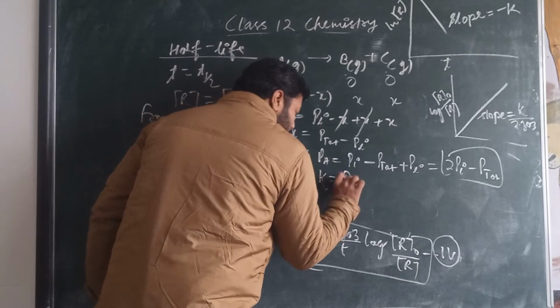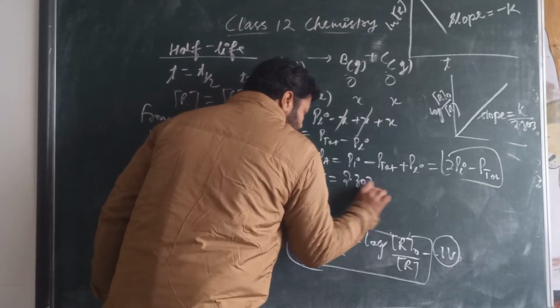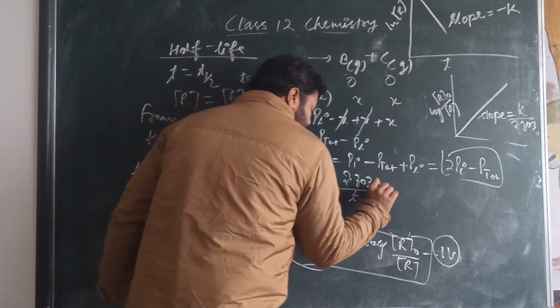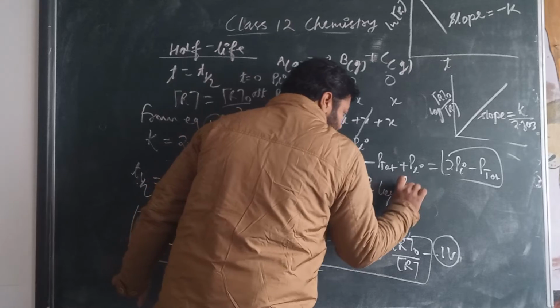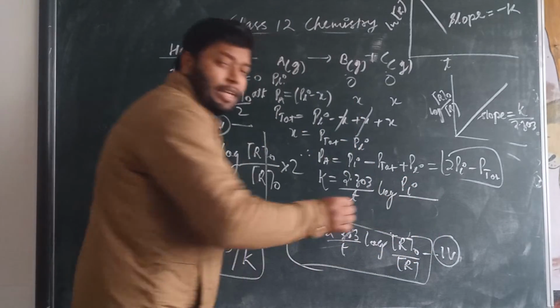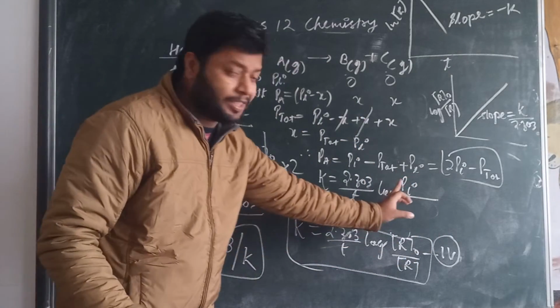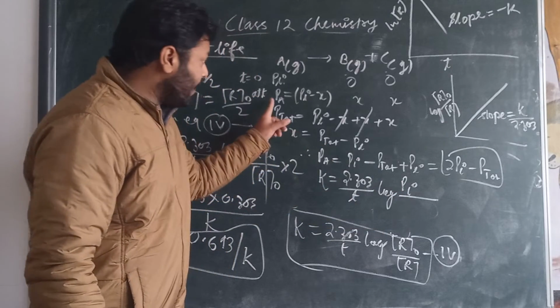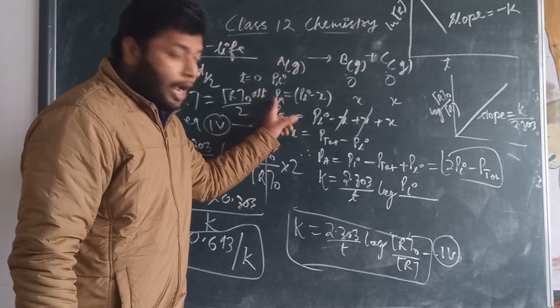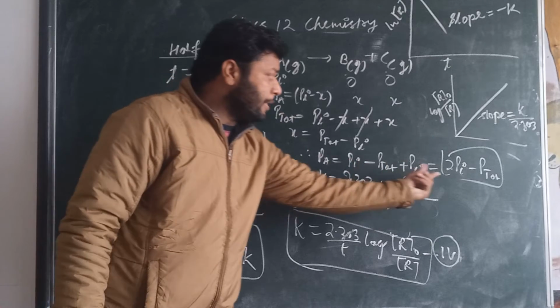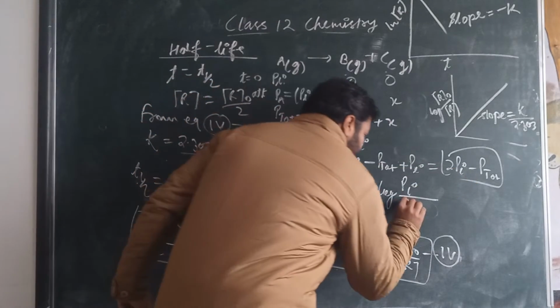So the formula will look like K equals 2.303 upon T log of the initial pressure, which is just Pi, over the final pressure, which is PA, and the value of PA is 2Pi minus P total.